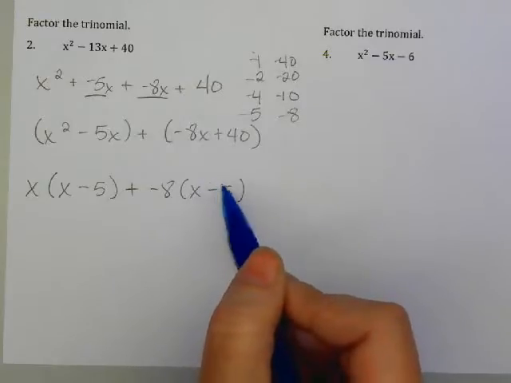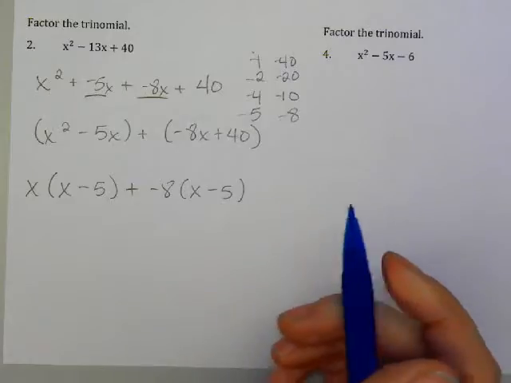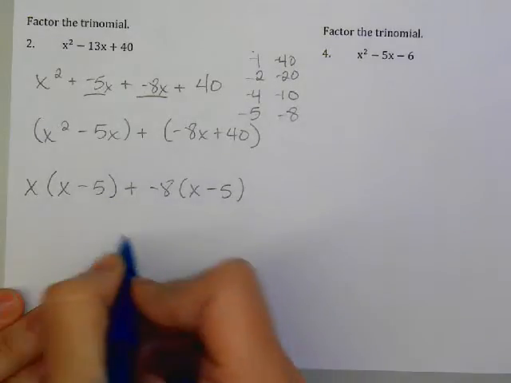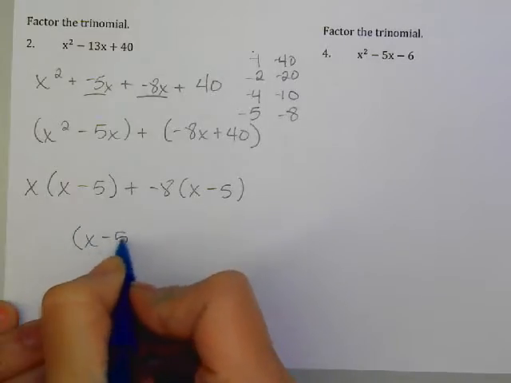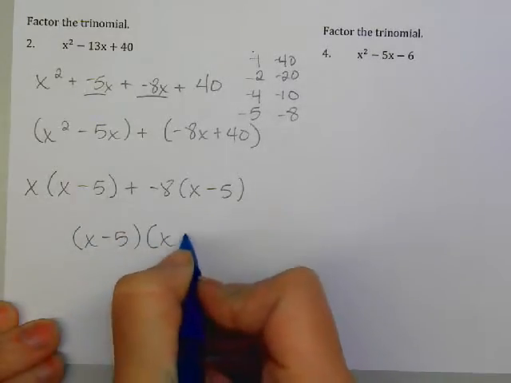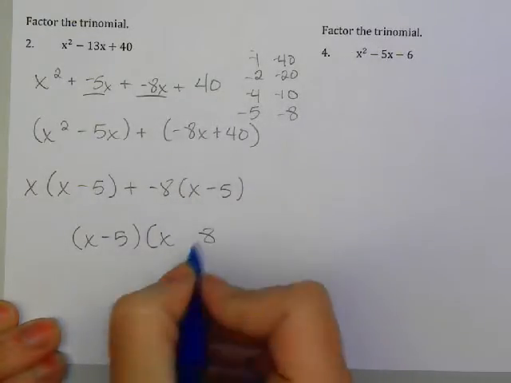What do I put here? My first term. What do I put here? Negative 6, my last term. And what do I do with those two terms? So, negative 6x squared. And what do I put on the bottom?